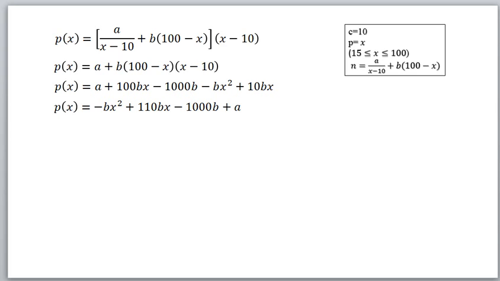Adding 100bx to the 10bx, we get 110bx. So we bring that down, and we also bring down the minus bx squared, the minus 1000b, and the A. And then we get the simplified equation.